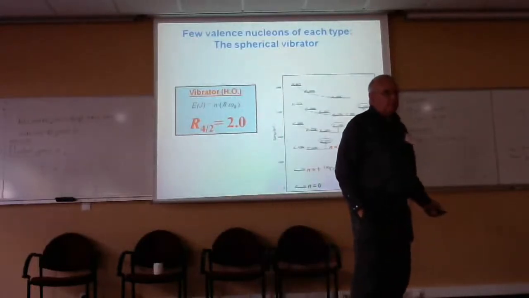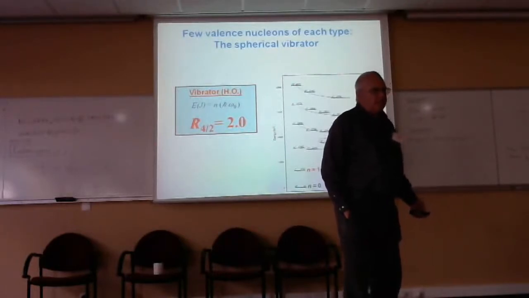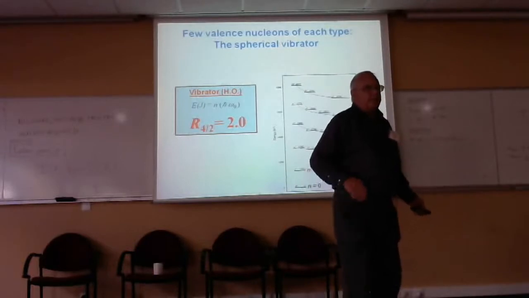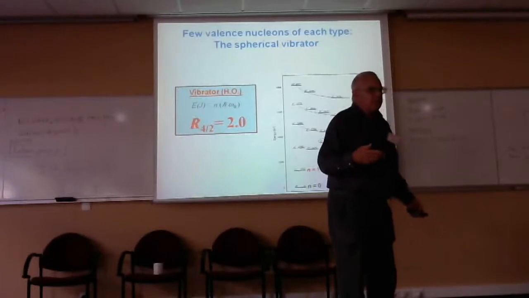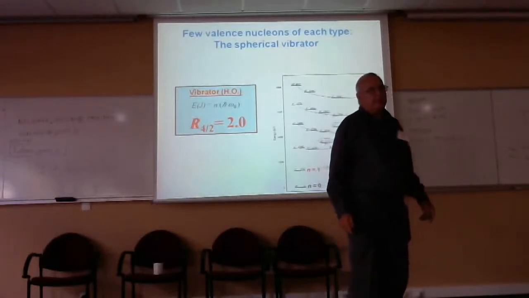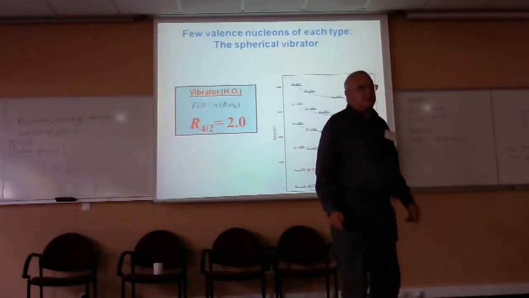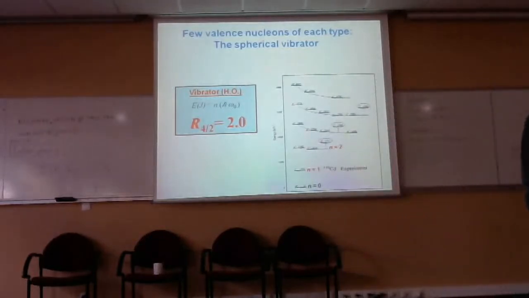Yes, but this example would be very hard in the shell model, for instance, because of the orbits involved. Yes. But for example, in the zinc isotopes, those are simpler. I think the answer is yes. You have a comment? Okay.